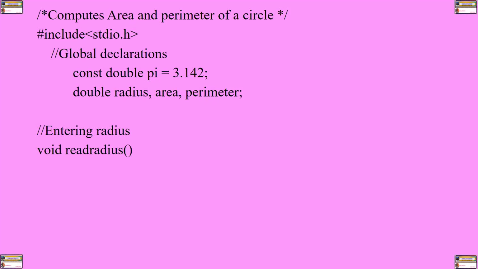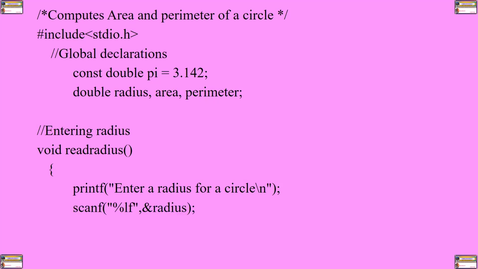Then we have our first function here, which is void read radius. It's for entering the radius. This function is prompting the user to enter a radius for a circle. The user types in a value, which is stored in memory location called radius. And that is all. That's the first function. The second function is for computing area.